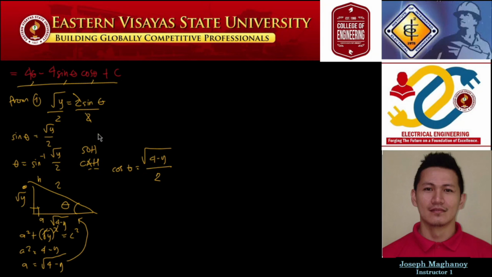Okay, we have the value of our cosine theta. We have the value of our theta. We can substitute the theta here, and sine theta here, and our cosine theta. Okay, we rewrite our final answer.